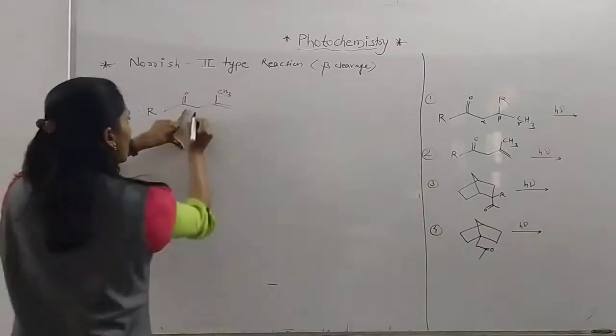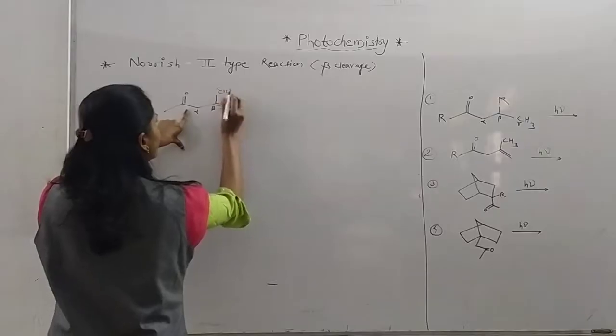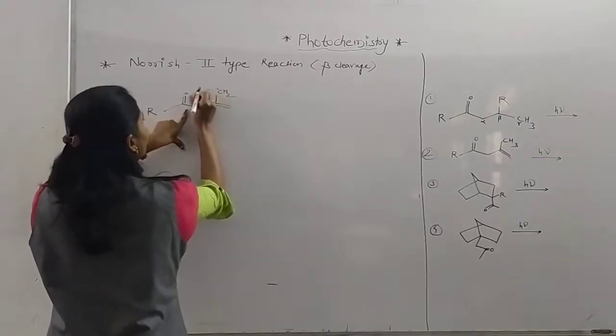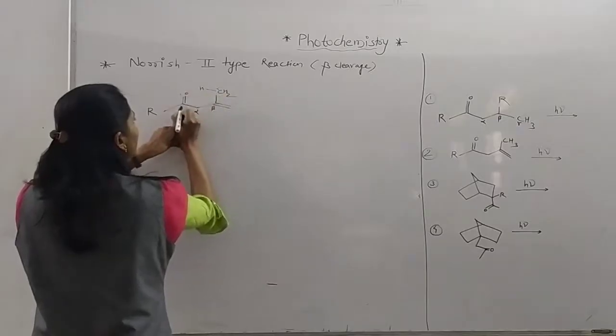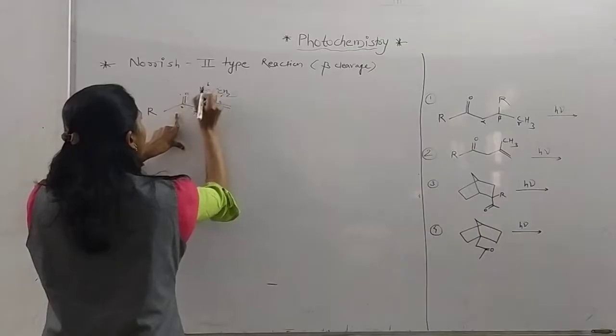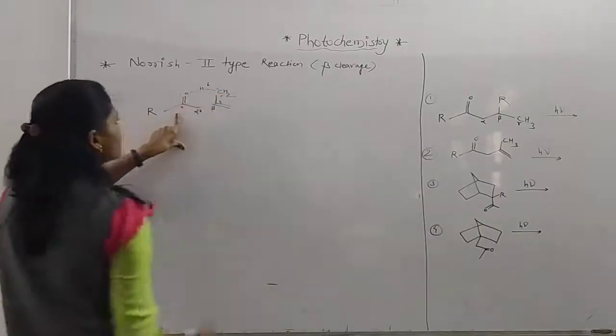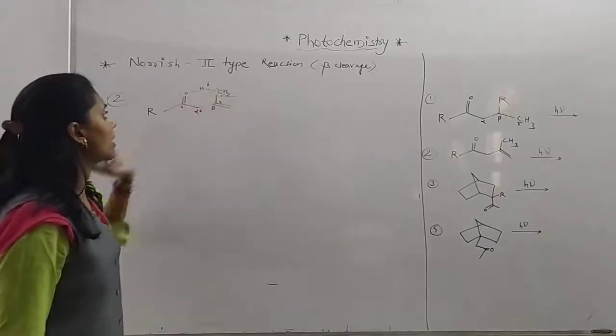Now alpha, beta, and this is gamma. So I write this CH3 like this, CH2H. And this is number 1, 2, 3, 4, 5, and 6. So here a 6-member ring is possible, and in this case there is the gamma hydrogen.